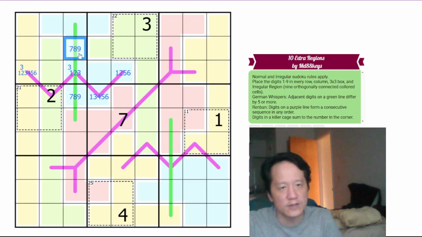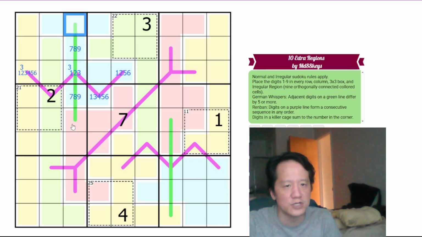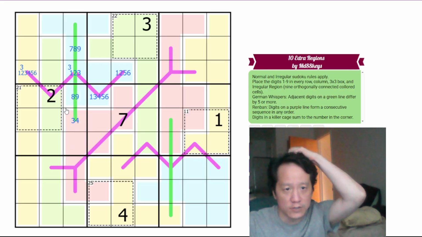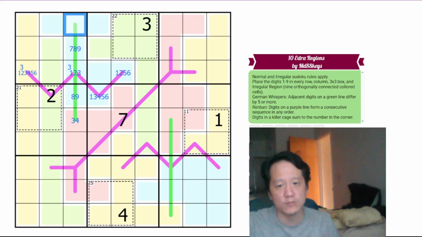And these two digits are next to two unique digits on a German whisper line, so they have to be 7, 8, or 9, not 6. Therefore, that leaves this as 3 or 4, because it cannot be 1, cannot be 2 from what it sees. 3 or 4 cannot be next to a 7 on a German whisper line. And this could be 1, 2, or 4 here.